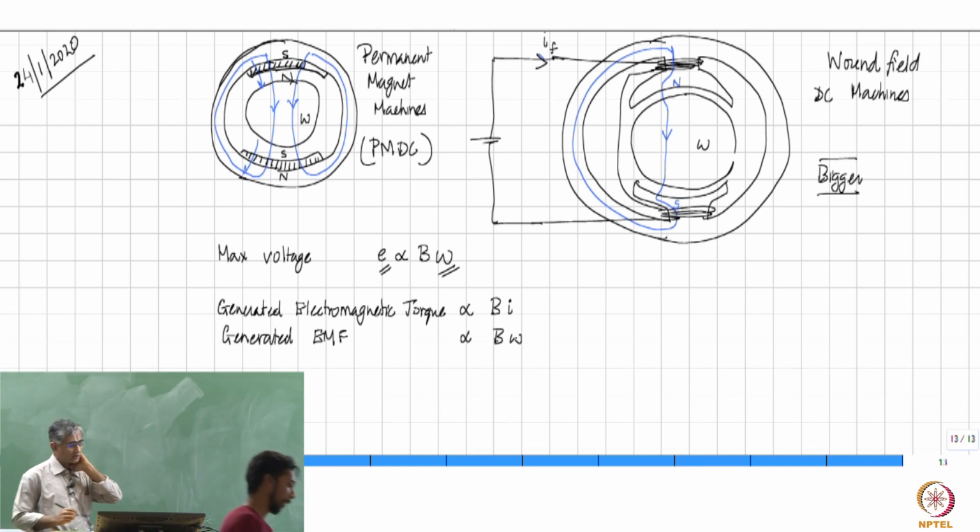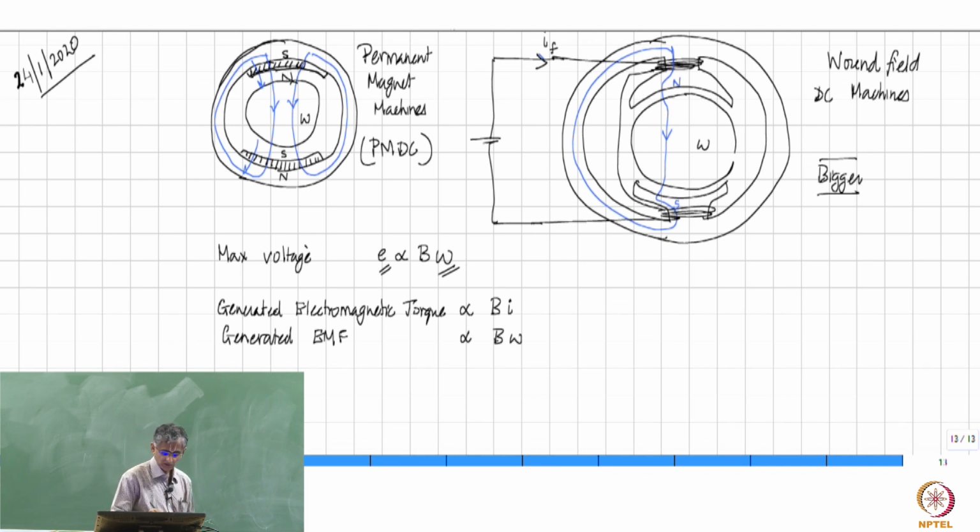There is a certain maximum applied voltage the machine can withstand. Let's assume that the machine you have is designed to withstand a maximum voltage equal to 100 volts.